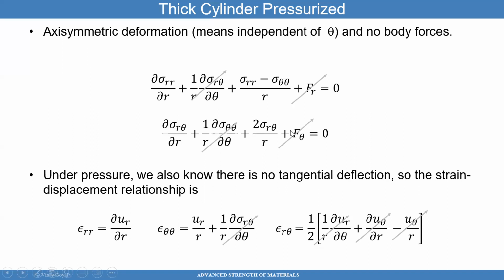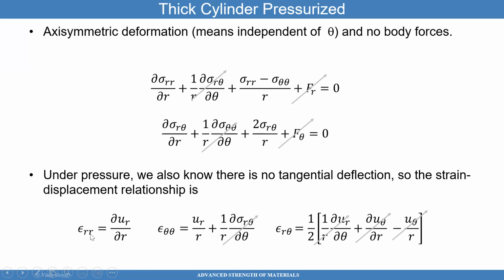F theta also is 0 because I'm not applying some spinning load that could cause a body force in that direction. So we don't have that term. Under pressure, we also know that there's no tangential deflection. We know that for sure. So the strain-deflection relationship really boils down to what you see here.